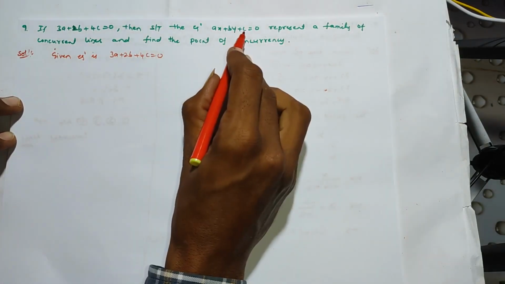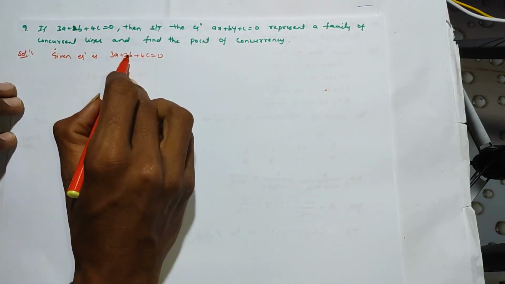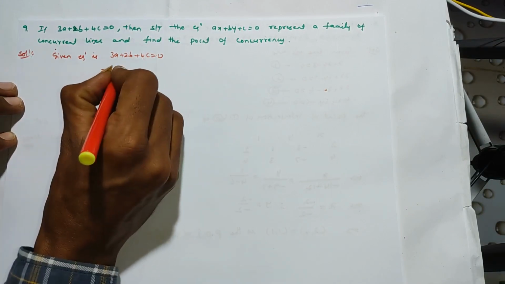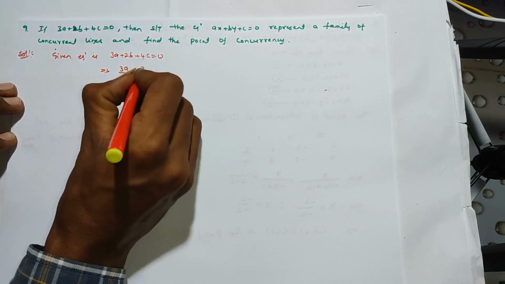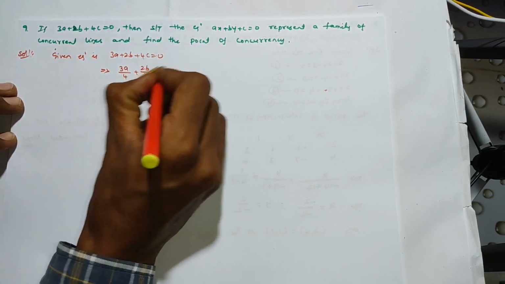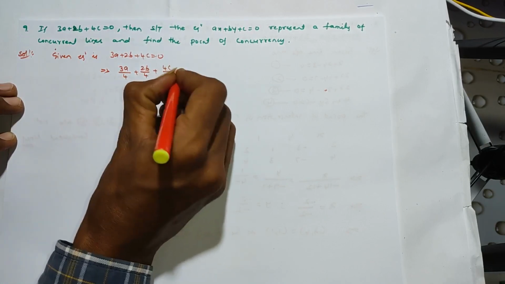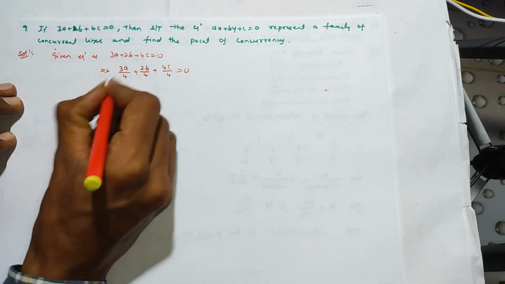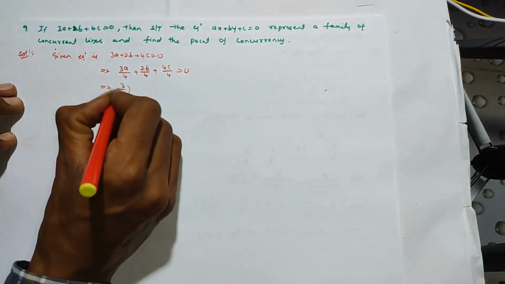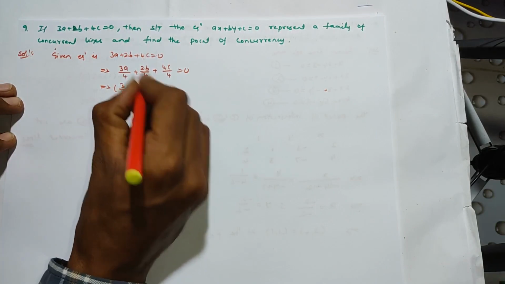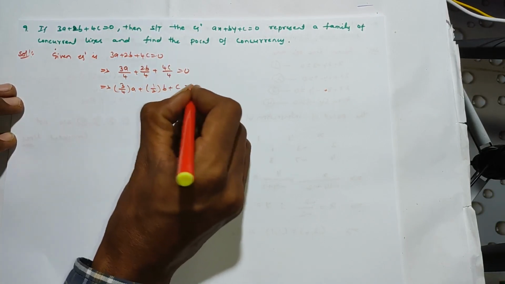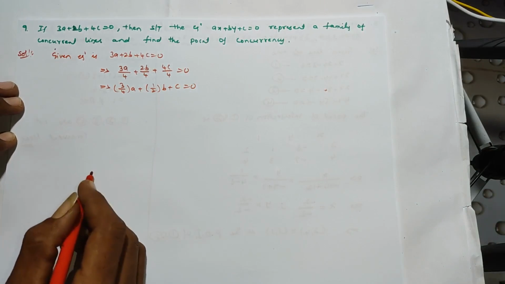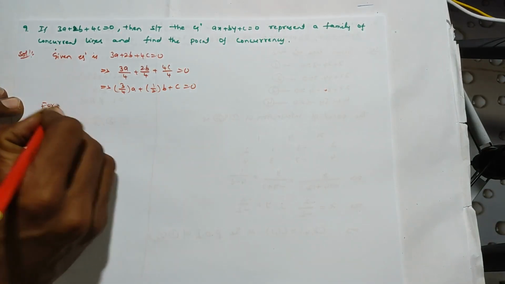Here the c coefficient should be 1, so divide the entire equation by 4: 3a/4 + 2b/4 + 4c/4 = 0. That implies (3/4)a + (1/2)b + c = 0.